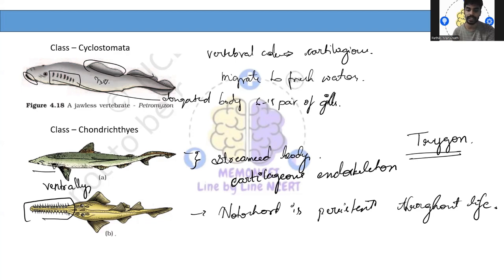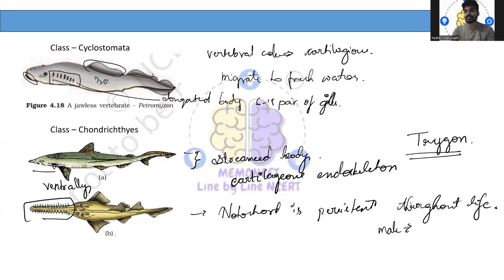Sexes are separate, and in males, the pelvic fins bear claspers. Fertilization is internal, and many of them are viviparous. That means they don't lay eggs, they give birth to their young. Dogfish and sawfish are some examples of this class.